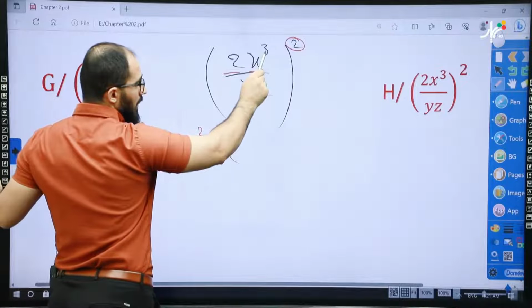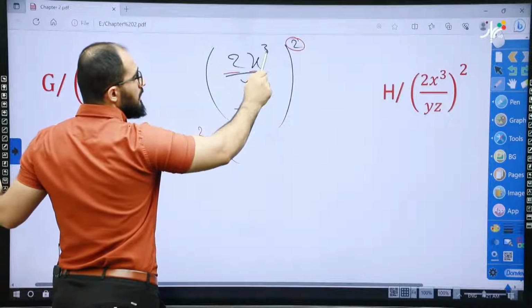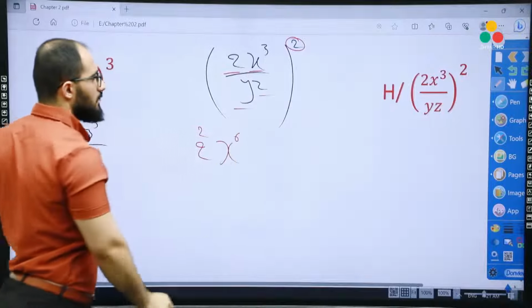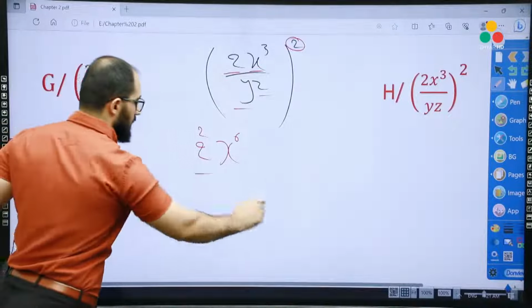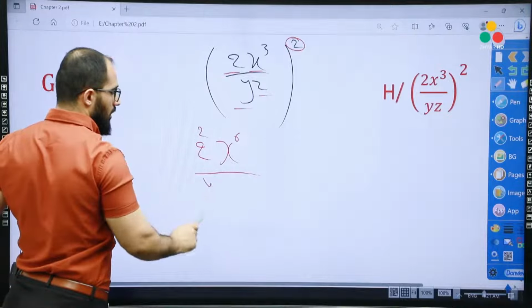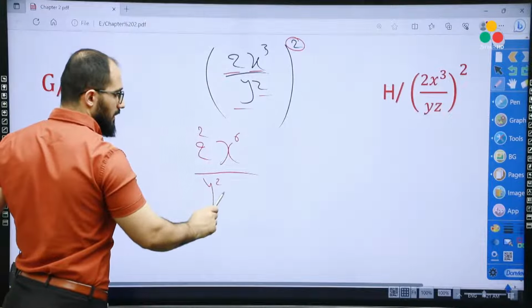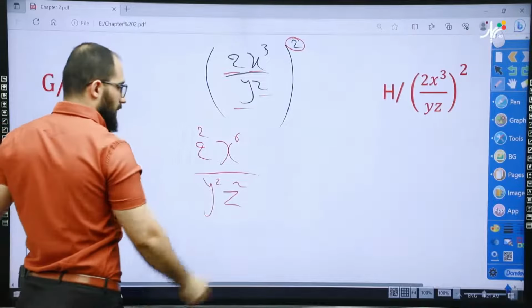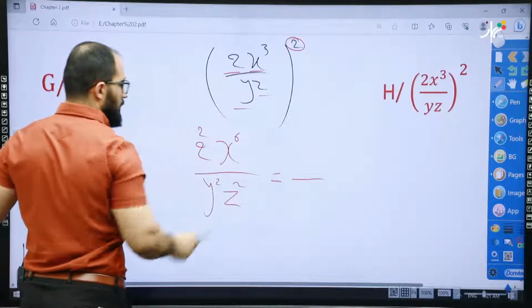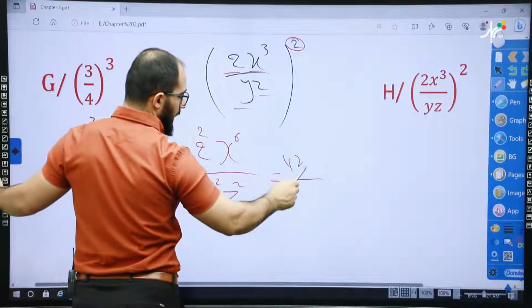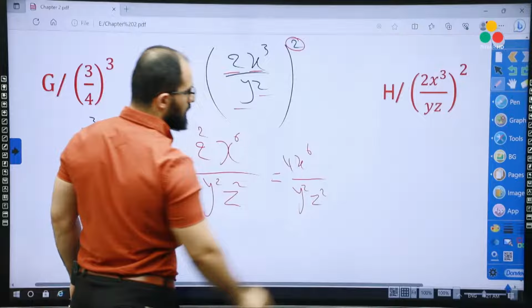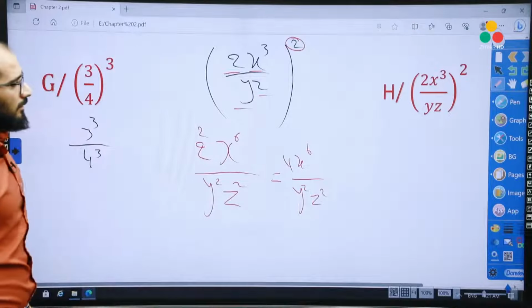Because x has a power, it's going to be raising a power to a power. 3 times 2, it's going to be 6. Then give it to y, y power 2. Give it to z, z power 2, or z squared. Then the final result is 2 squared is 4, x power 6, y power 2, z power 2. This is the final result.